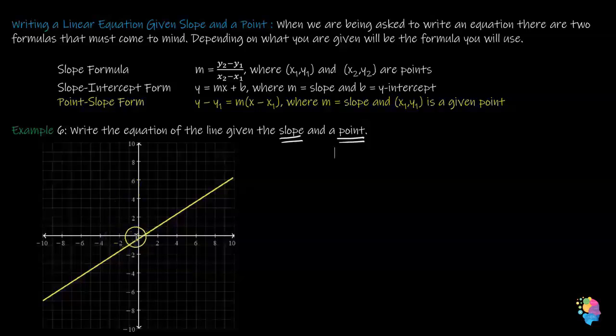So since it's not passing right at the corner of a value, we're not going to be able to use that. I'm going to have to use two different points. I'm going to have to use this point right here that it is passing at the corner. This is -1, -1. And then I'm going to use this point right there at the corner. And this one is 2, 1.